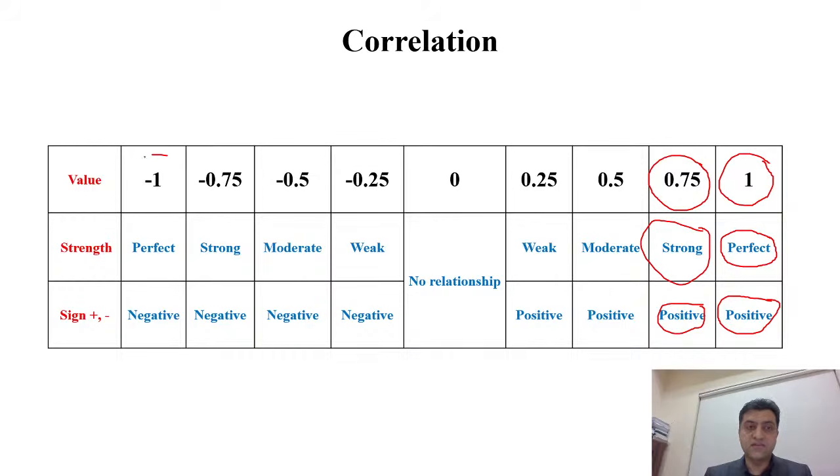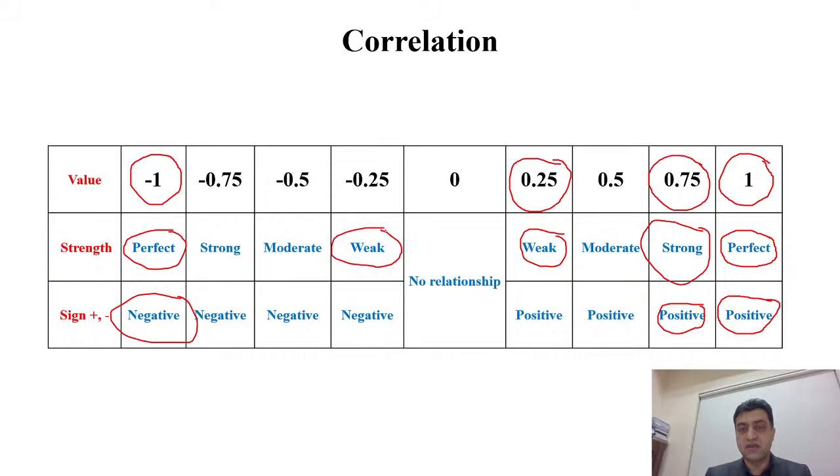Then, if you have -1, it is perfect but negative. The same way, if you have 0.25 in positive, you're going to say it's weak. But here, it is also weak. The difference is that this weak is positive and this weak is negative. Now, please understand that weak does not mean that it is not good.